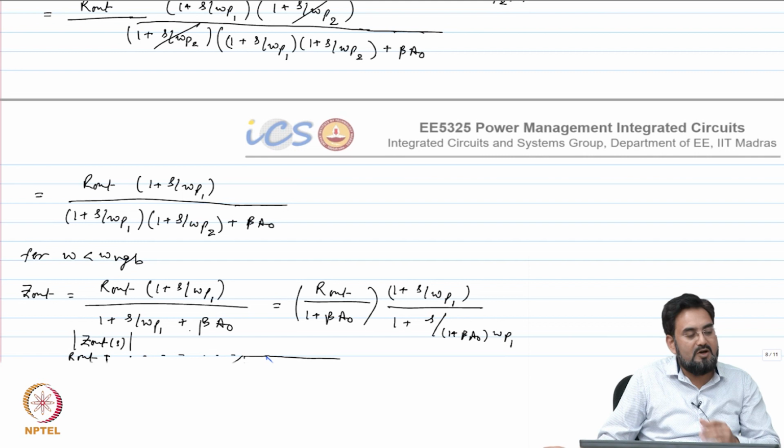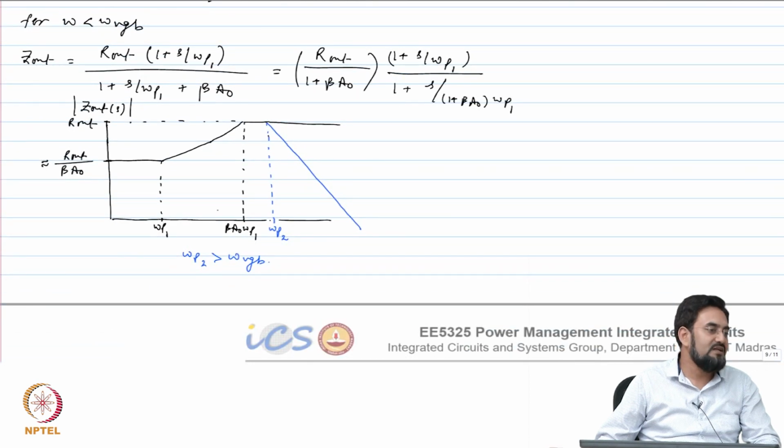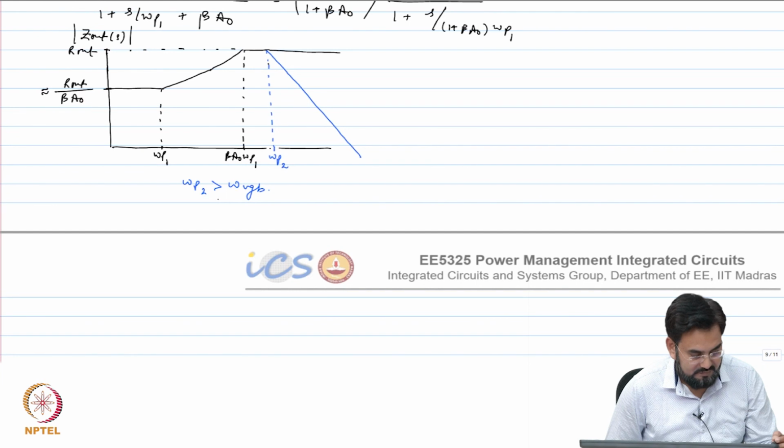So, making output pole dominant will always have a better load transient compared to making this error amplifier output pole dominant, correct.